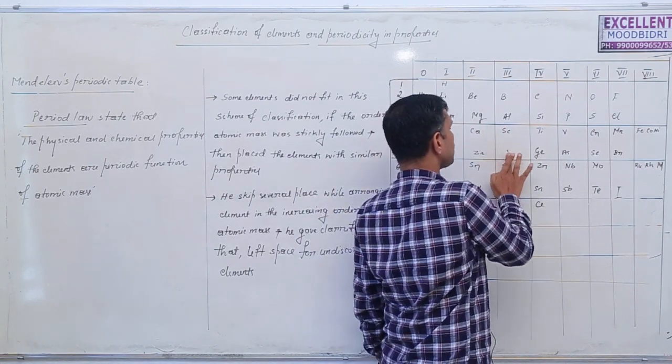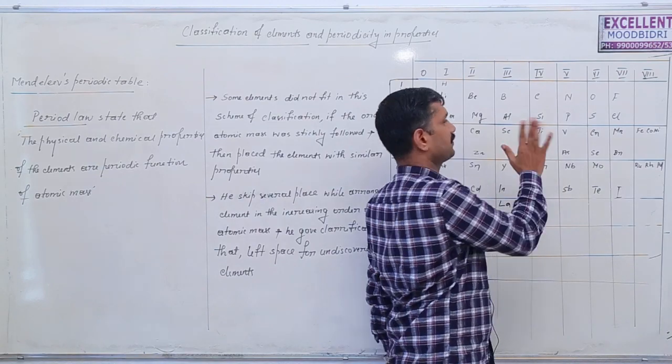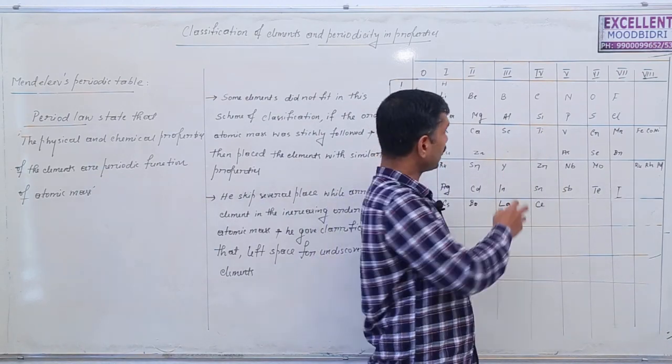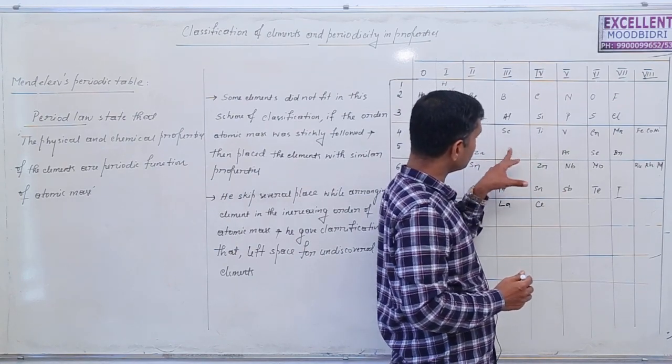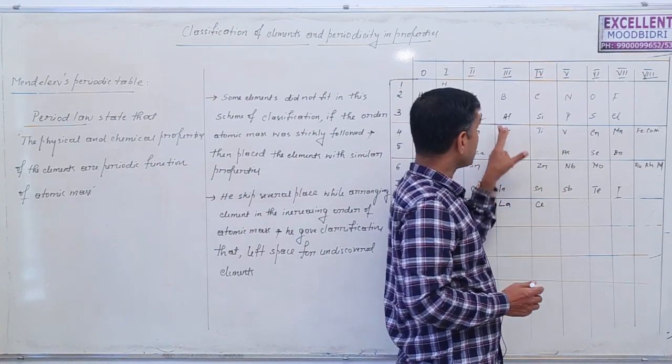He left that space for these two elements, gallium and germanium, and that empty space is called Eka aluminium.